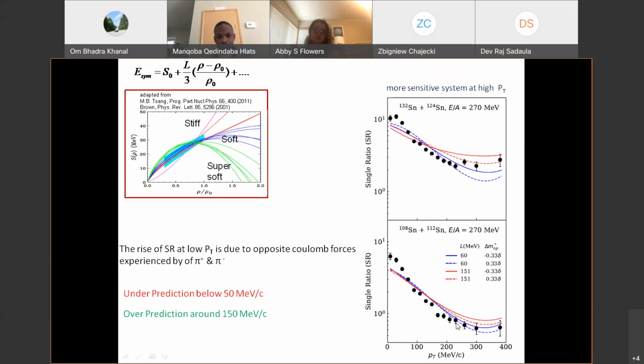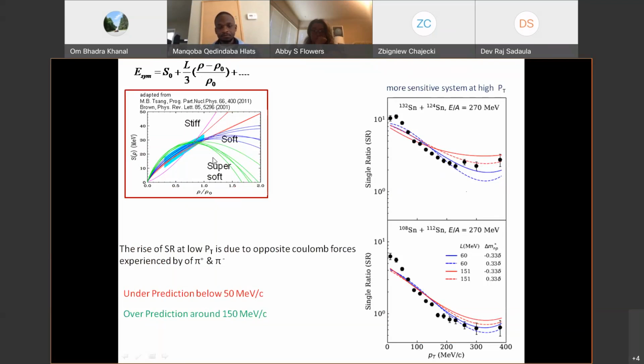And if you look at which system is more sensitive, you can see that at higher values of transverse momentum, this neutron-rich system is more sensitive, because you see the experimental data is lying within the range of the theoretically simulated curves when you compare this area and this area. So we can say that the neutron-rich system is more sensitive at higher values of transverse momentum.